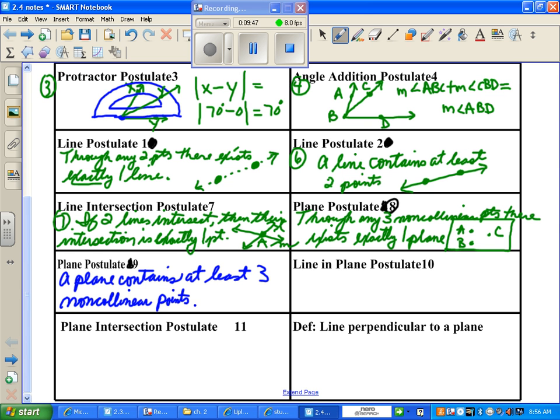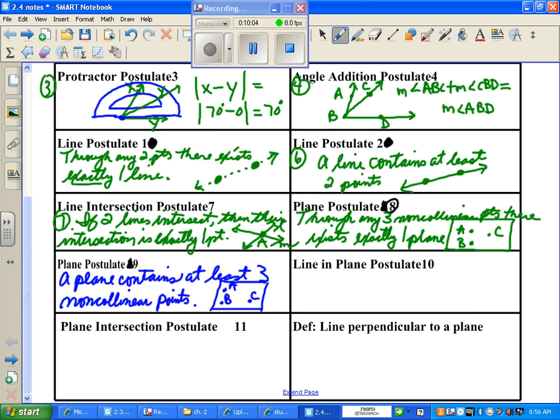So it's the reverse of postulate number 8. If you have a plane, it contains at least 3 non-collinear points. It has an infinite number in there, but the least it has is 3 non-collinear points.